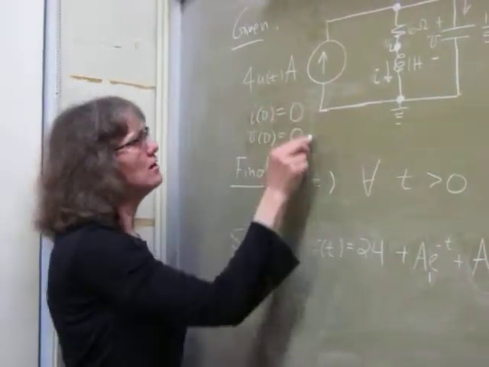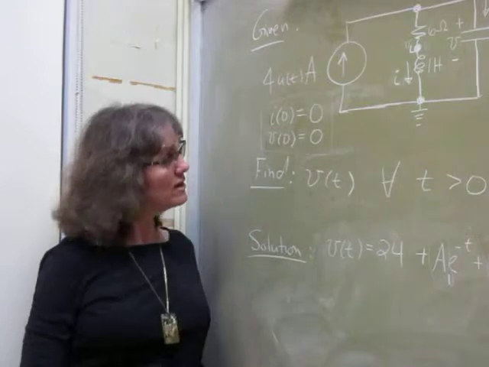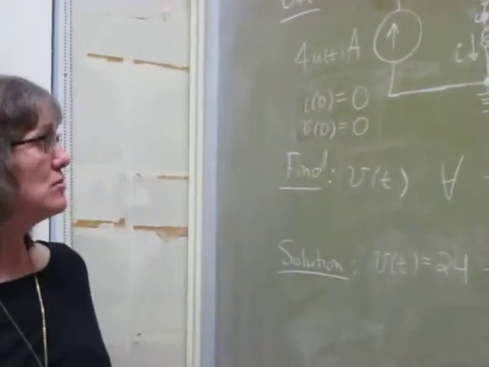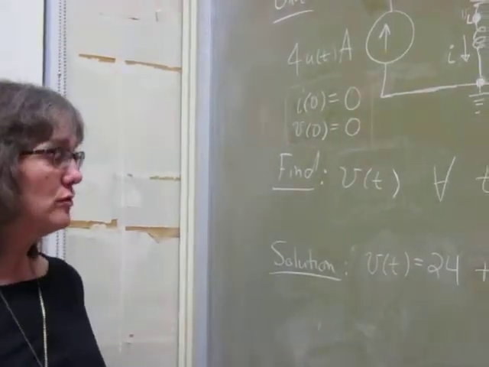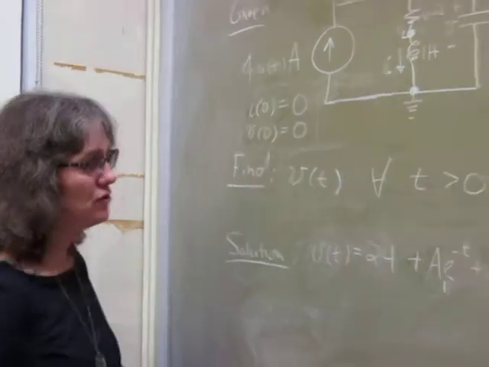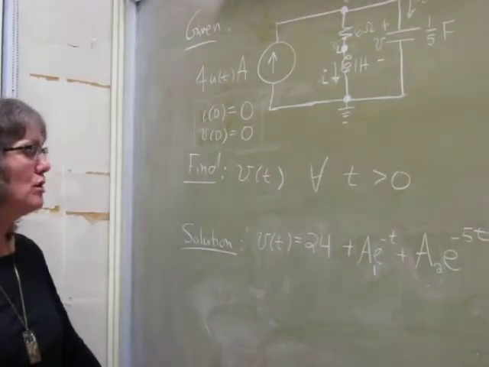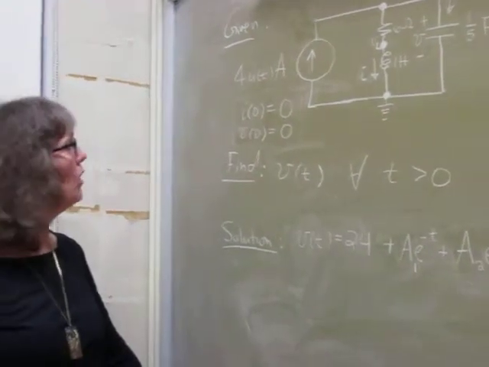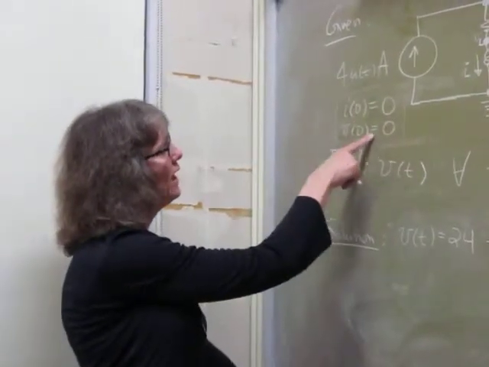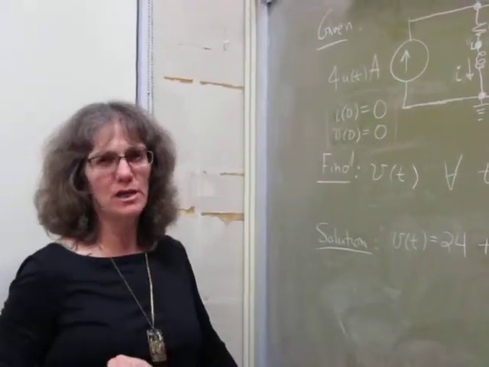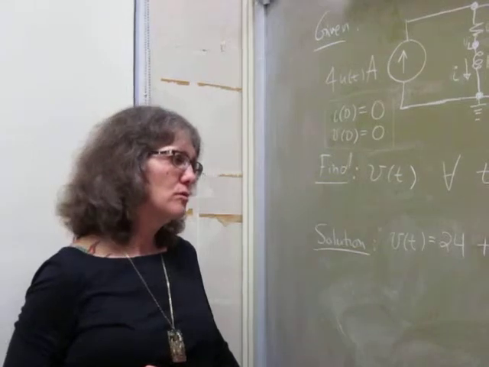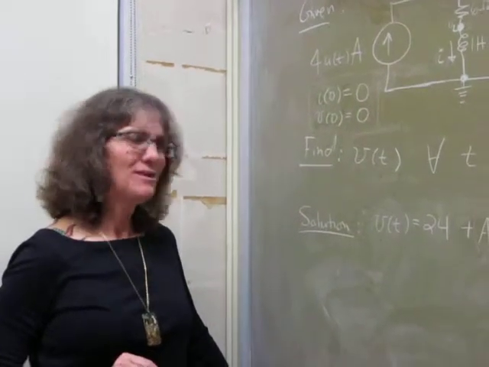So these are the boundary conditions, and in this case they happen to be the initial conditions that I'm going to use to solve for A1 and A2. Okay, I'm going to warn you right now that one of the conditions is very easy to apply, and it's the second one that's going to give you the headache. So just be aware of that.